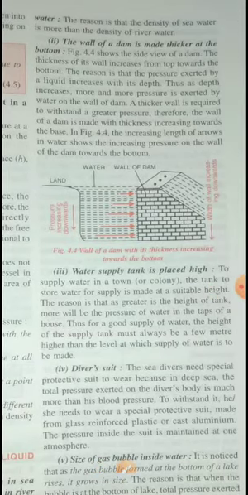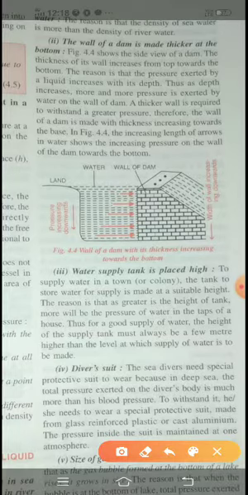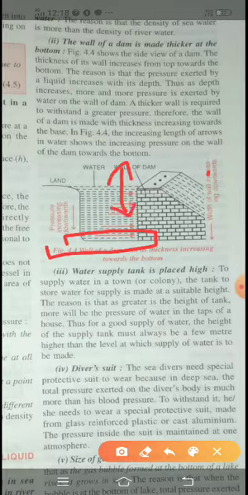The next example: the wall of a dam is made thicker at the bottom. Can you see? I told you, if you have water, you have to divide it into layers. If I divide it into layers, the bottommost layer will have many layers on it, imagine some 100 layers. It has to hold such a heavy weight.